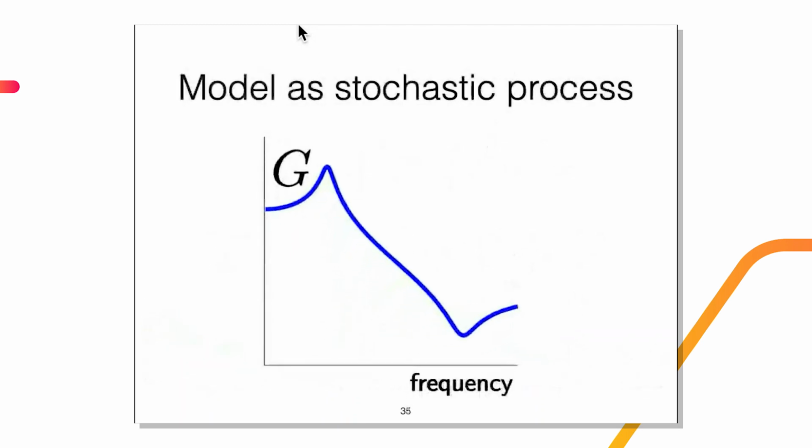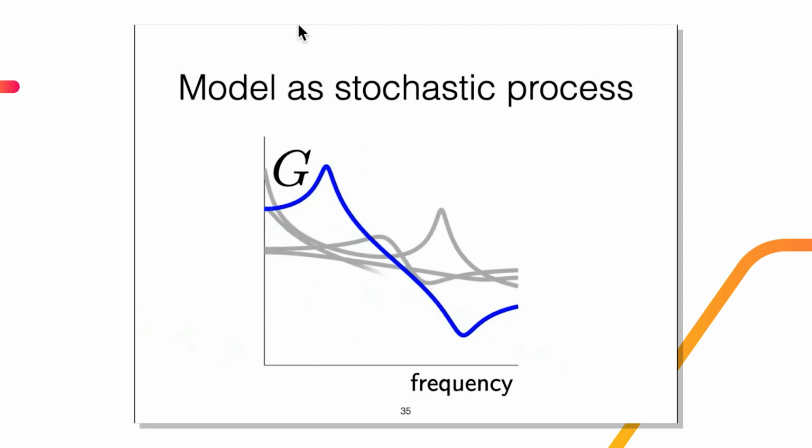Using kernel-based regression, and more specifically the interpretation of Gaussian processes, means that we presume that this transfer function is actually a realization of a stochastic process. So here you have a transfer function, a realization of a stochastic process.